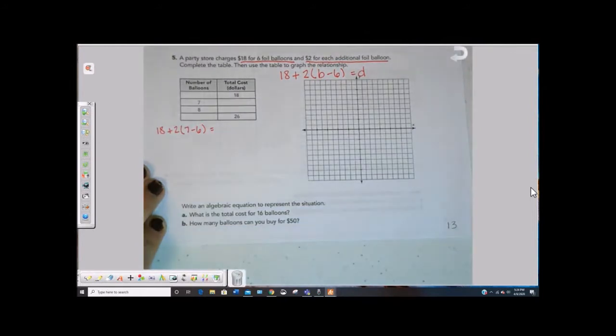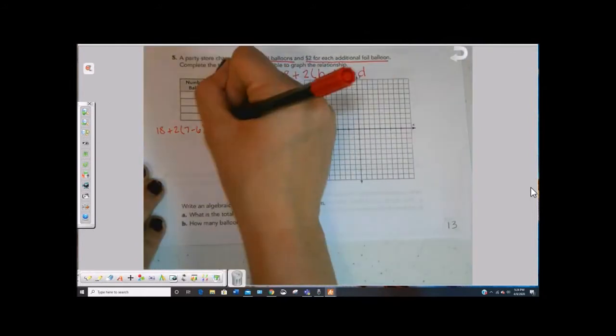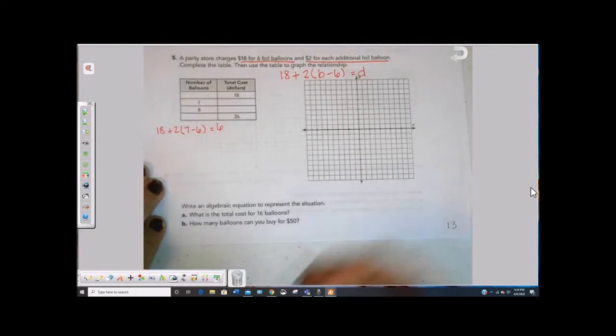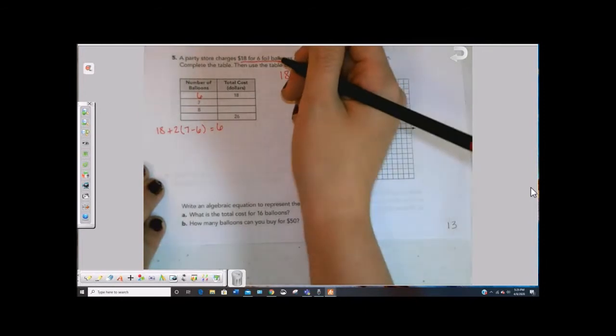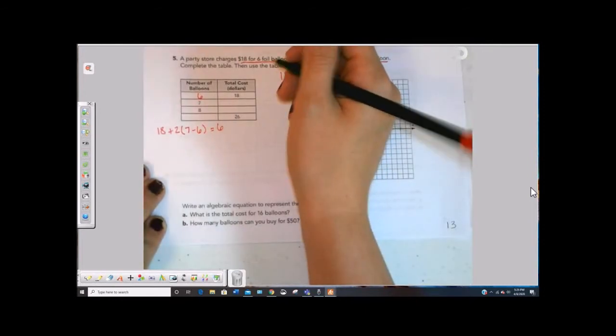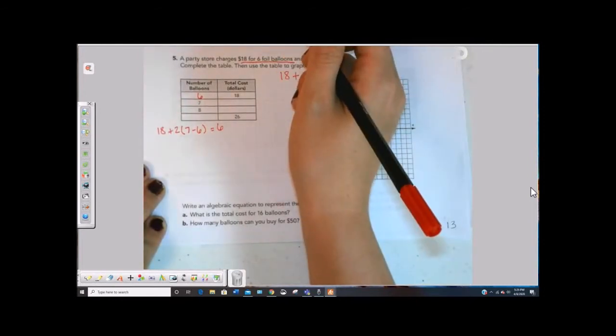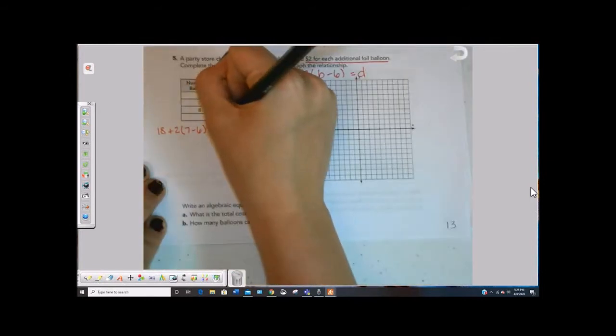And when we do this, you get $6. So it is $6 for 18 balloons. Oh, whoops, I'm so sorry. I'm on the wrong one. What the heck? I'm sorry.